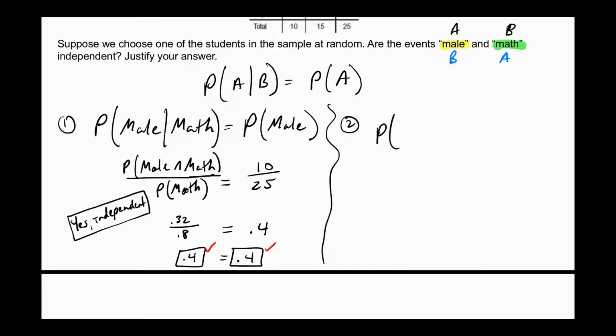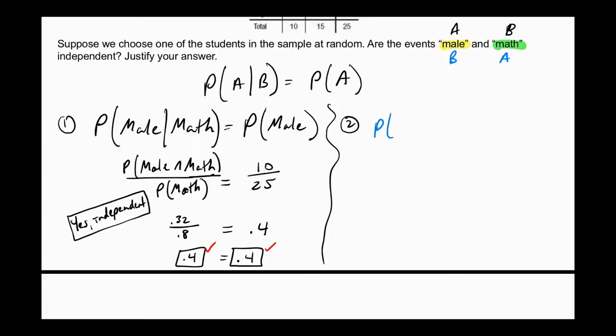So now I'm going to say the probability of math given male, probability of math. Probably should do it in blue since I labeled that blue. So I accidentally used the multiplication rule for independent events when checking for independence.